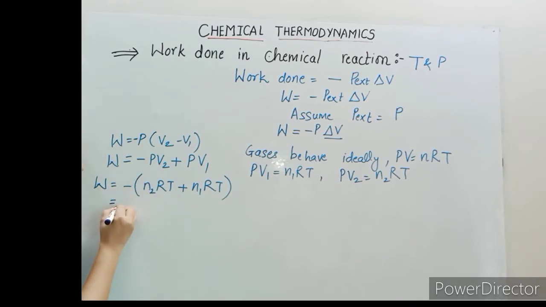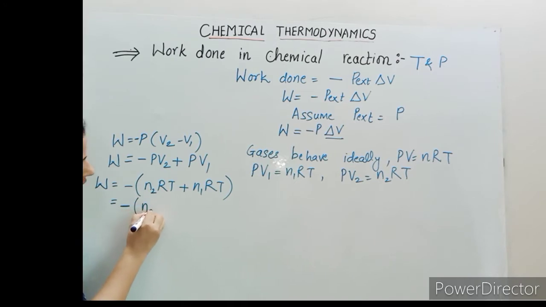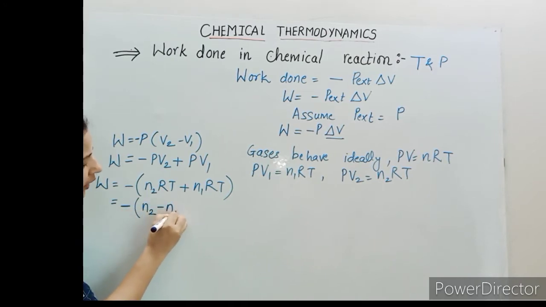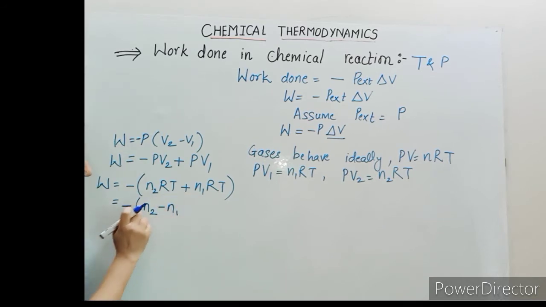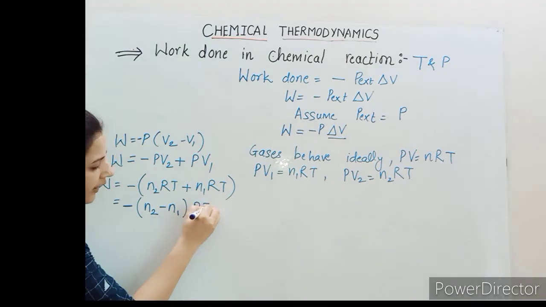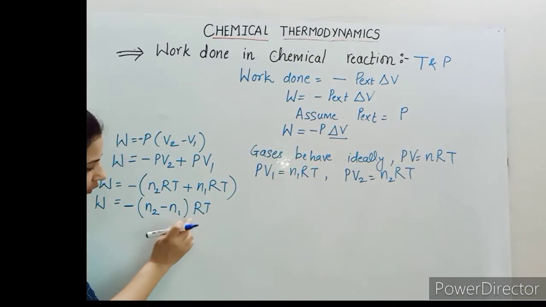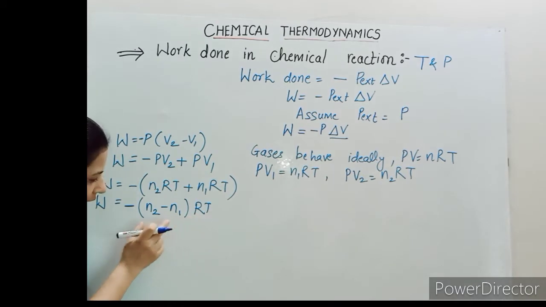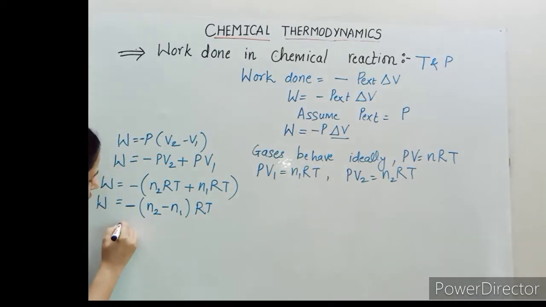Okay. Now if I keep this minus outside, and if I try to write this in the form of N2 minus N1, then it will be the same, minus N2, and minus into minus will become plus N1, and I will bring RT outside. So W can also be written as minus N2 minus N1 into RT, and this N2 minus N1 is nothing but the change in the number of moles.